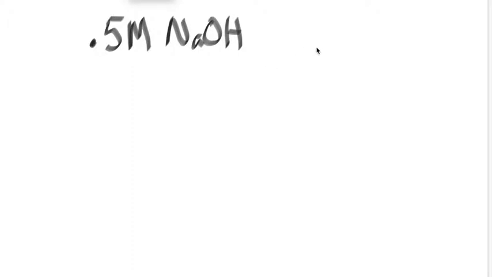Okay, here's our problem. We have 0.5 molar NaOH solution, and the question is asking, what is the pH of that 0.5 molar NaOH solution? Well, in order to figure out the pH, we need to know the H, or the hydrogen ion concentration. And we can use the hydroxide ion concentration to do that, just like I showed you.